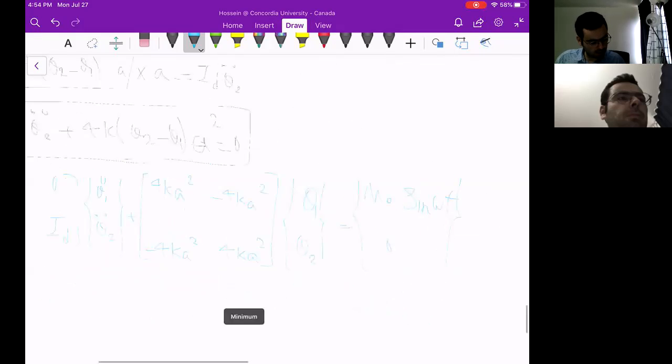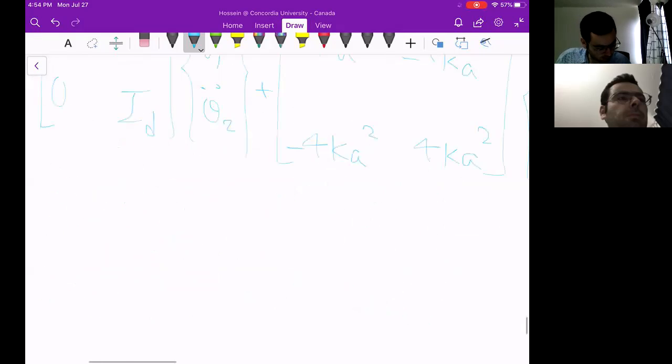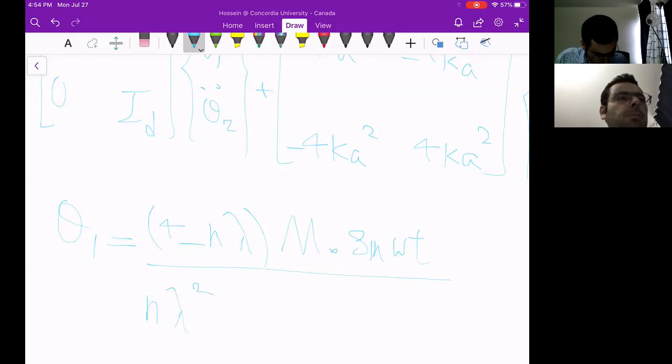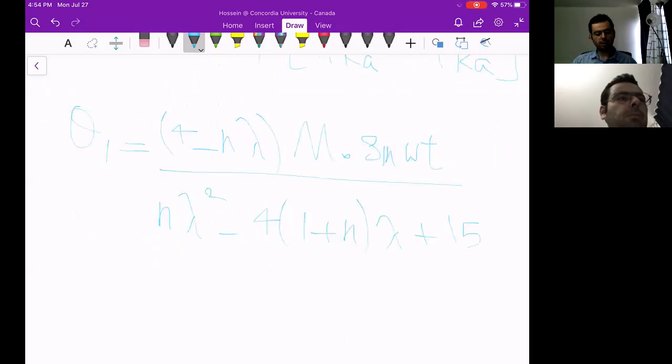If you solve this equation, you will reach the point that theta 1 is going to be (4 minus n lambda) multiplied by m naught sine of omega t, divided by the denominator. We have used n and lambda in order to simplify the calculation procedure.